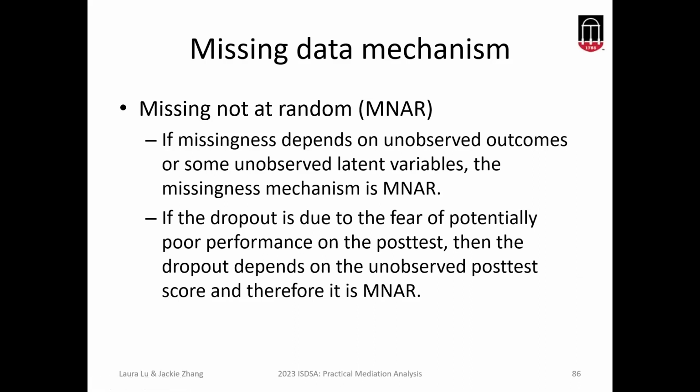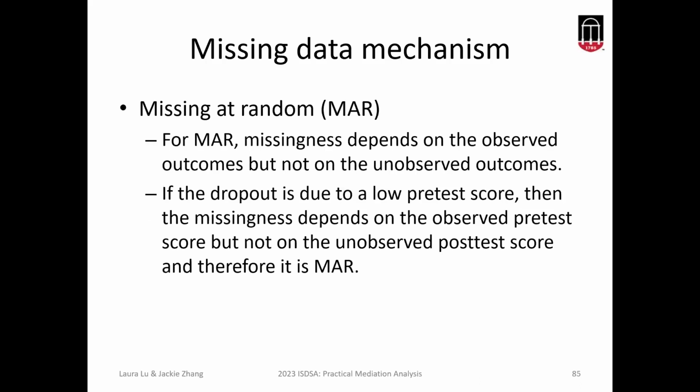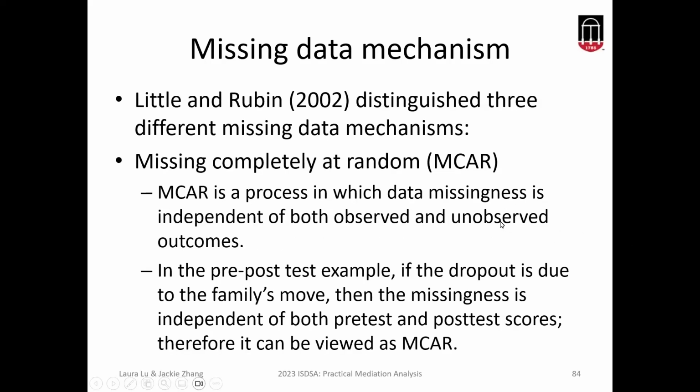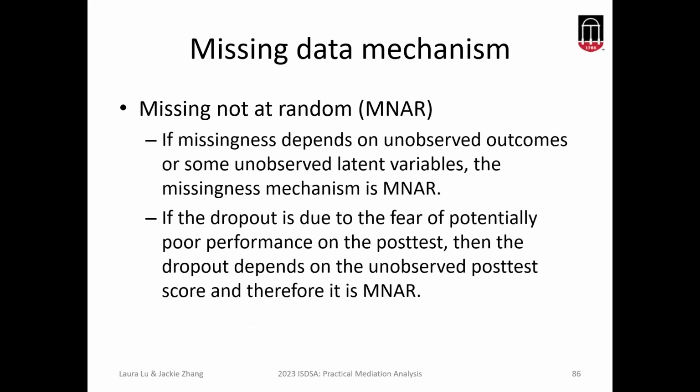But because the missingness is due to that potential value, it is called missing not at random. It depends on some unobserved outcomes. But for missing at random, the missingness depends on some observed variables. And if the missingness is independent of both observed and unobserved, then we call it missing completely at random. So we have three cases.